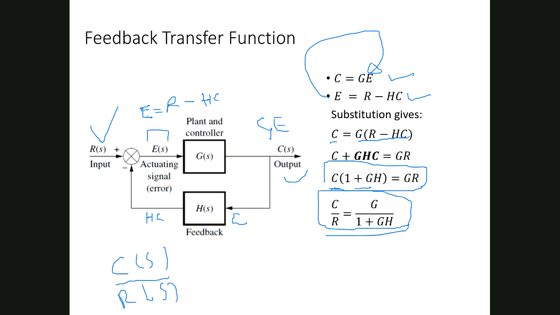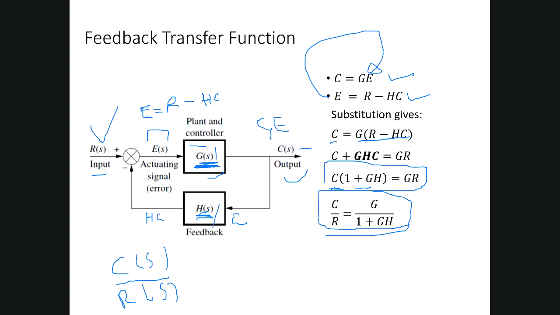If you have a feedback system in this manner, we call this the forward transfer function and this the feedback transfer function. We call the forward transfer function G and the feedback transfer function H, with input R and output C. Then the transfer function is G over 1 plus G times H.